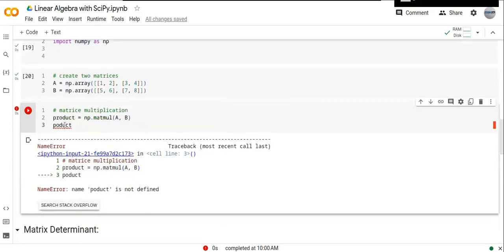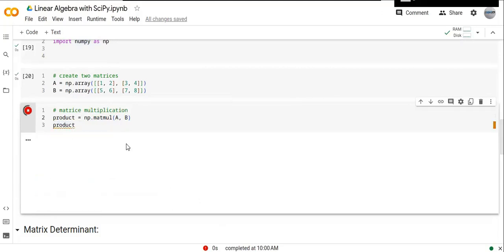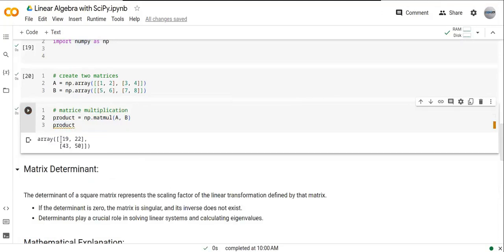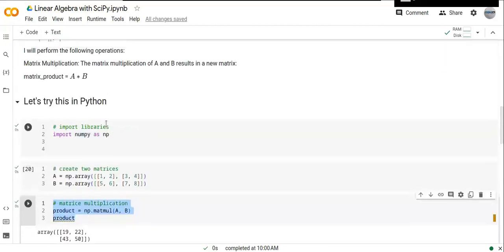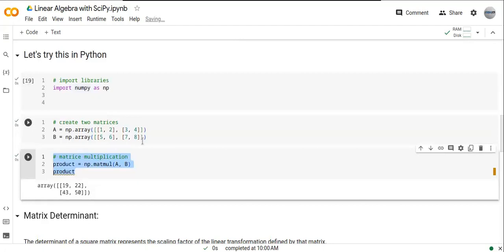Oh, that's my mistake. Okay, that's the correct one. The product of the two matrices is another matrix. So this is called matrix multiplication, and we can perform it with Python.